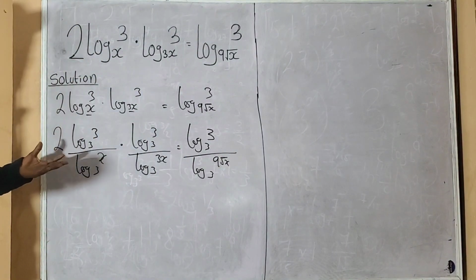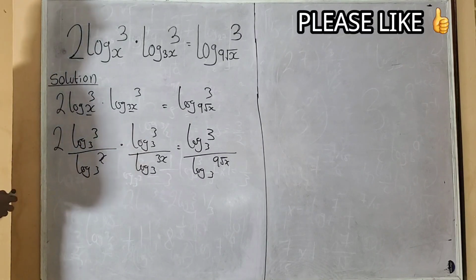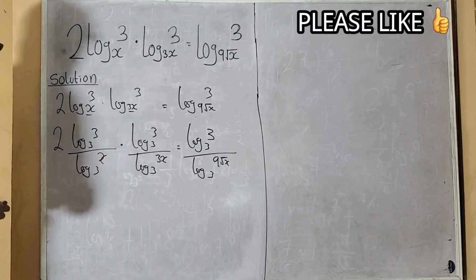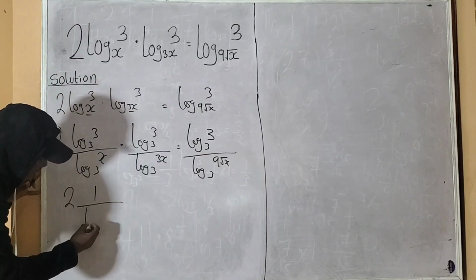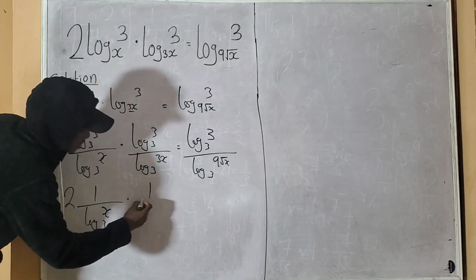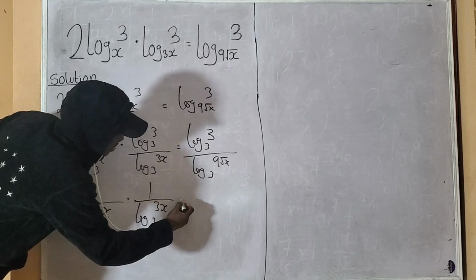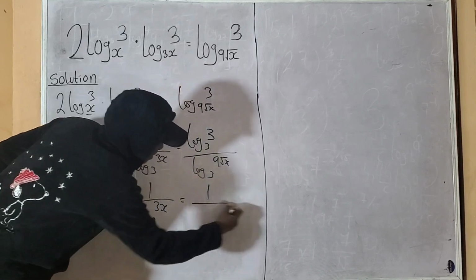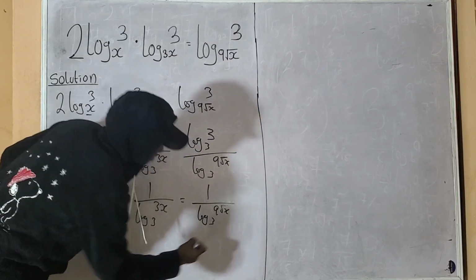Now, do not forget that the log of a number to the same base is 1, so log_3 3 gives us 1. So we are going to have 2 multiplied by 1 over log_3 x multiplied by 1 over log_3 3x equals 1 divided by log_3 9√x.